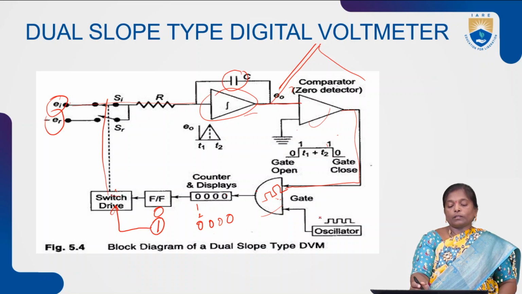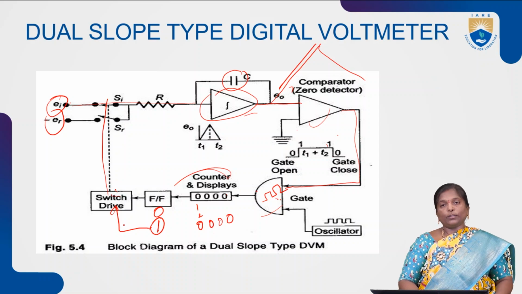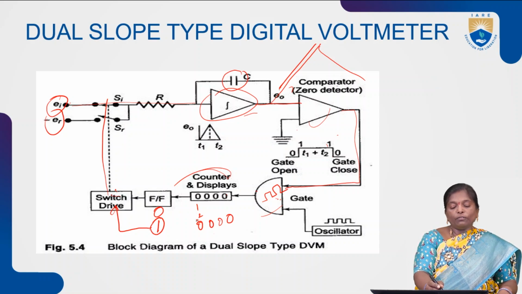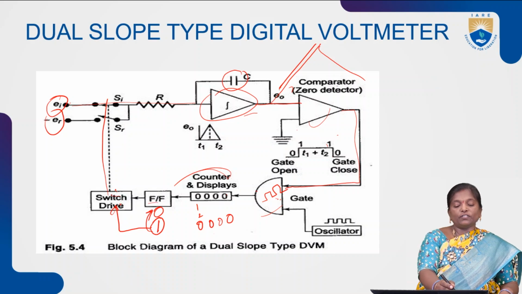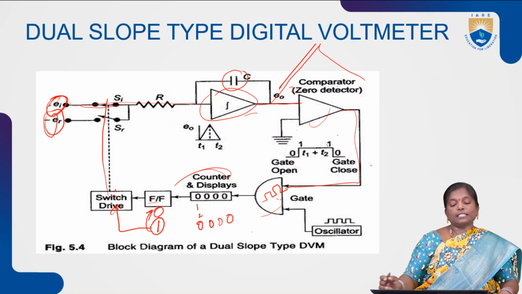Till the gate is closed, the number of clock pulses passing through the counter will be displayed on the display unit, and whenever the flip-flop changes from 1 to 0, it again switches the drive, so instead of minus ER, the switch is connected to plus EI.